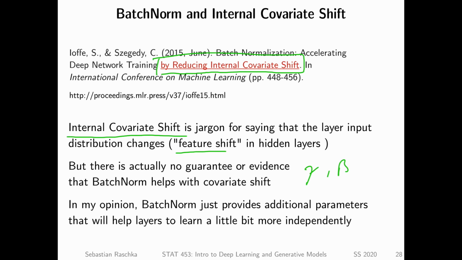In this paper, what the researchers did is they froze all the weights in a neural network. Actually they used convolutional networks, but that doesn't really matter here. They left all the connections like they were in the beginning.